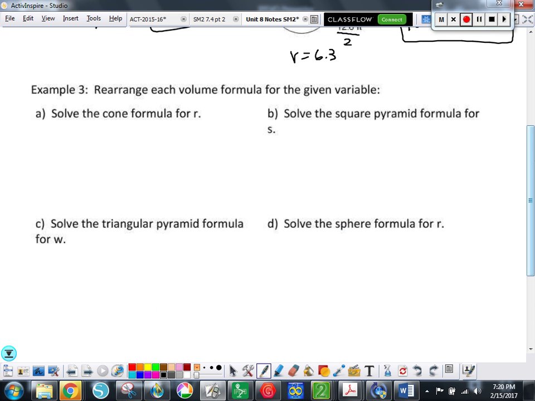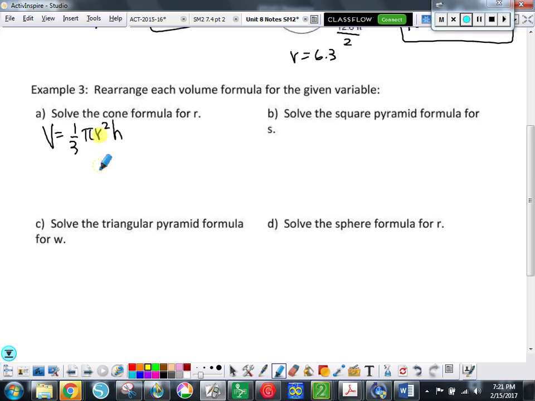All right, just like before, we need practice solving these equations, these formulas, in terms of different variables. So if I want to solve the cone formula for r, we first have to remember what the cone formula is. The cone is 1/3 pi r squared h, and I want to get the r all by itself.